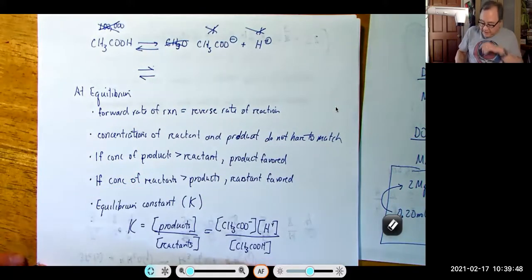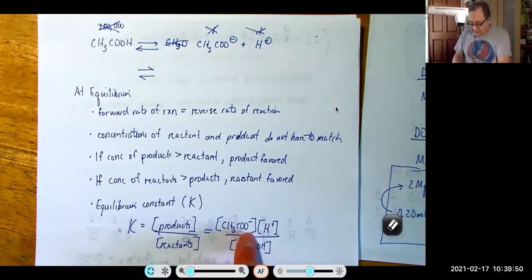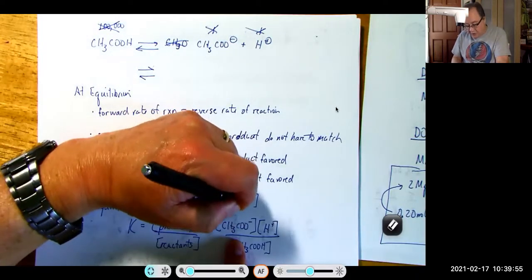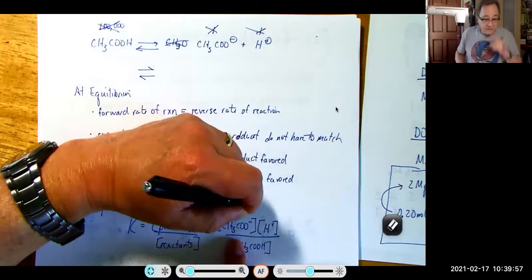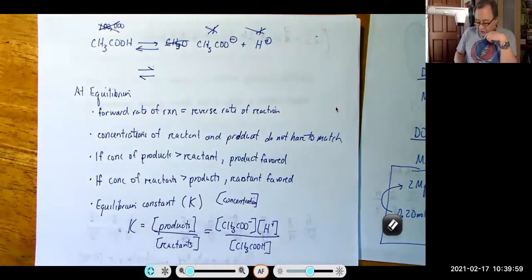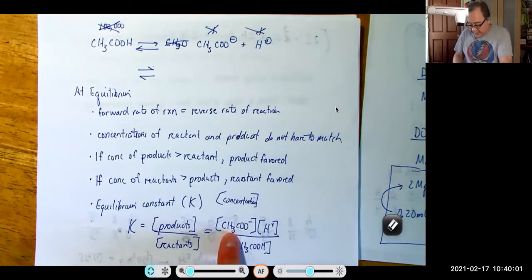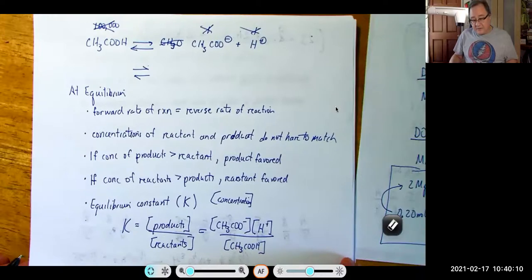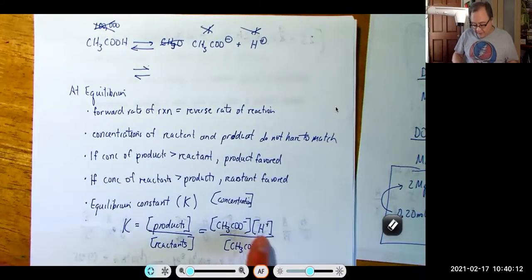And so you see, this means concentration or number of molecules, okay? So the number of molecules of this times the number of molecules of that divided by the number of molecules of that. Do you kind of understand this formula here?